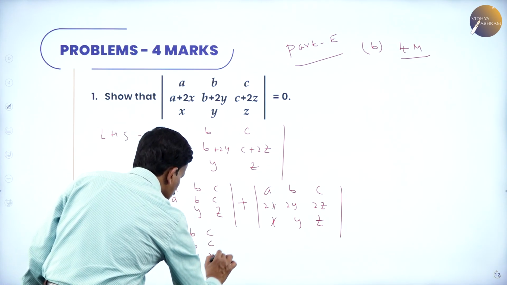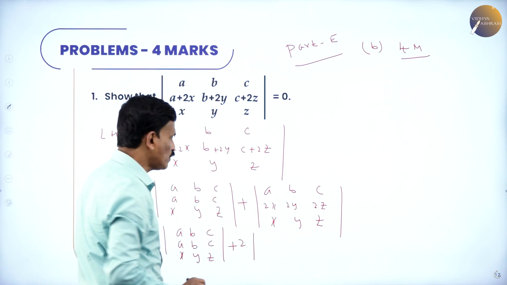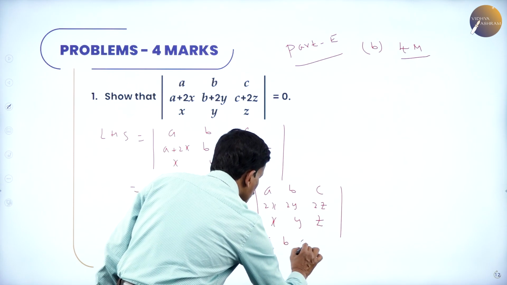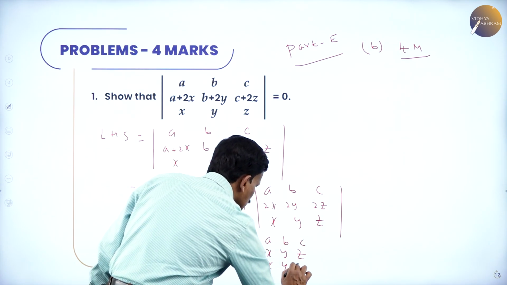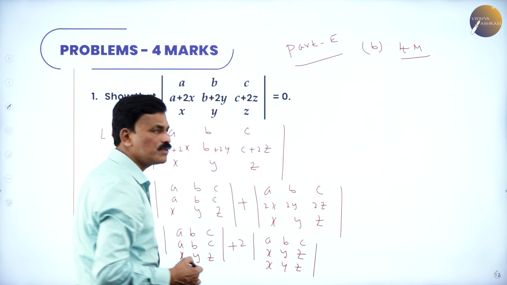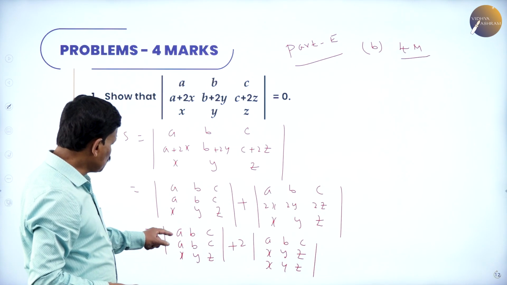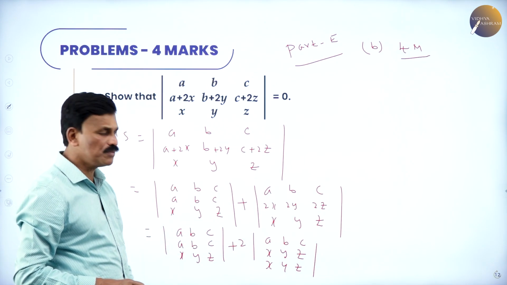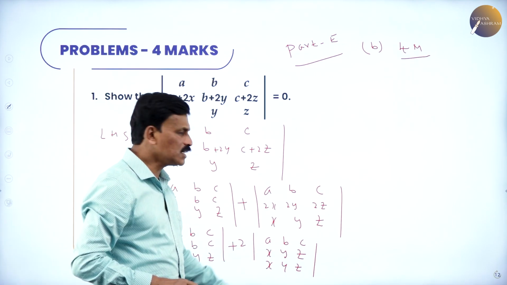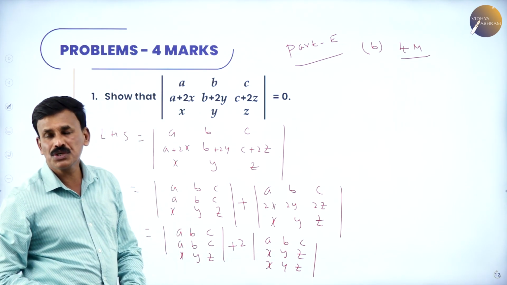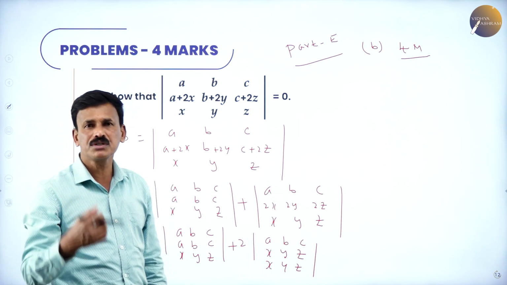Okay. Now here just keep this as it is, A, B, C, x, y, z, plus I can take 2 common factor. This is A, B, C, x, y, z, again x, y, z. Now if you observe carefully, according to the property, if two rows or two columns are same, see here A, B, C, x, y, z are same, then the value of a determinant is equal to 0.